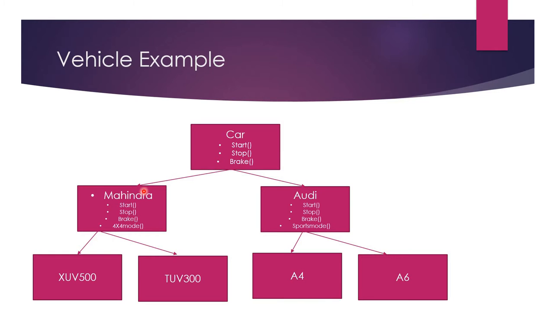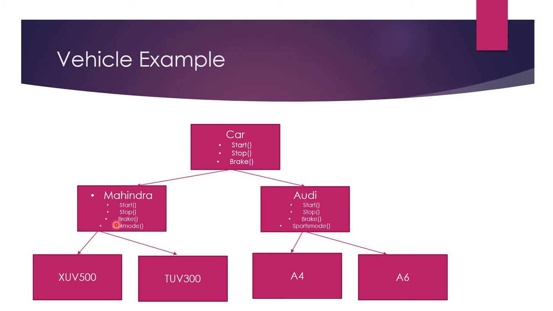But since Mahindra and Audi are two separate types of cars, they are free to define their own methods and attributes as well. Just like we as individuals have some specific attributes apart from our parents, right? In a similar way, Mahindra and Audi can define their own attributes, which I have denoted over here.